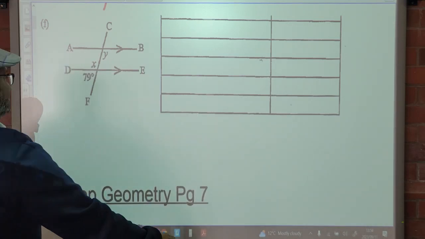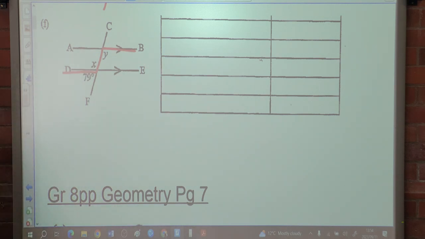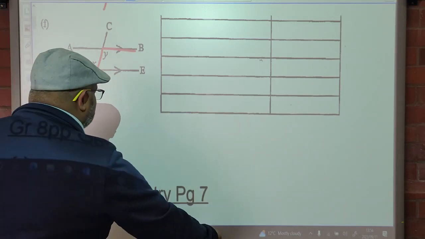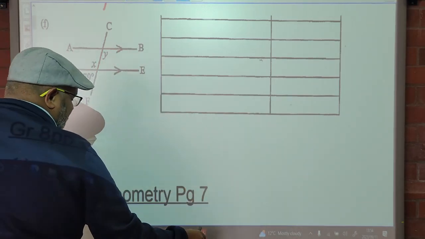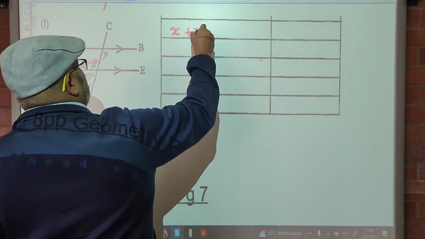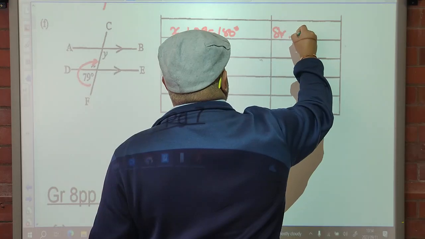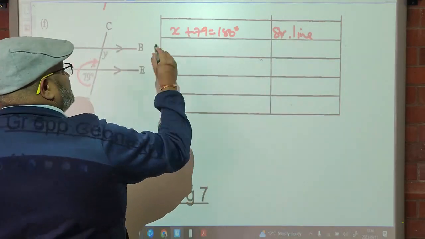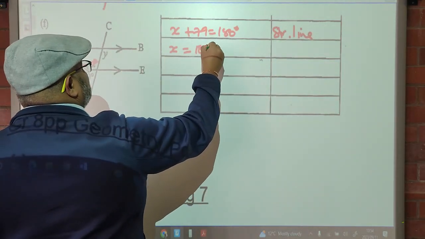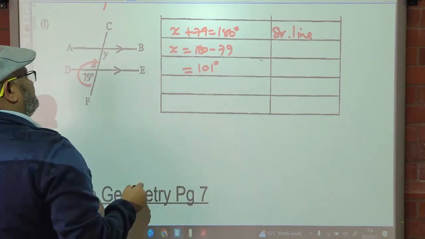Alright, so again, x is equal to y, alternate angles, but it's not solving x and y. So what can be determined first? First calculate x. So x plus 79 is equal to 180. Why? Straight line. So x is equal to 180 minus 79, which is 101.